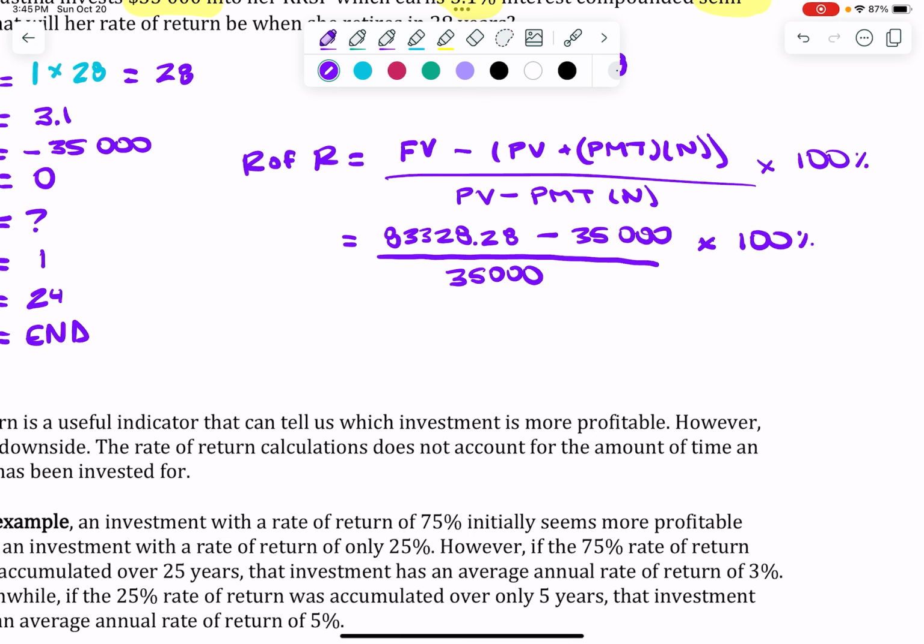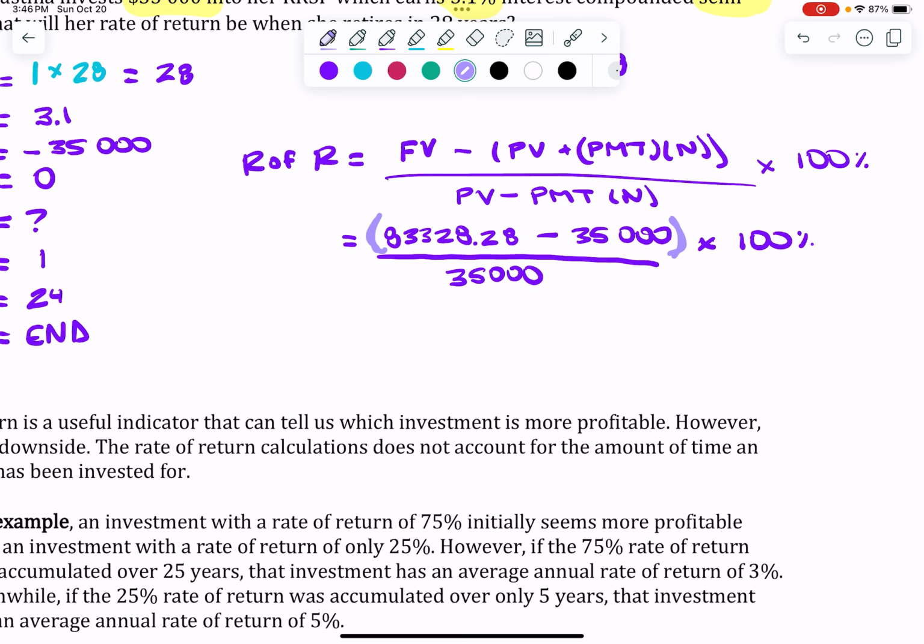Now, when you plug this in, please do this either in multiple steps or don't forget the brackets. If you plug this in as one step, you need to put brackets around my numerator because otherwise it will do the division before the subtraction and you will end up with an incorrect value.